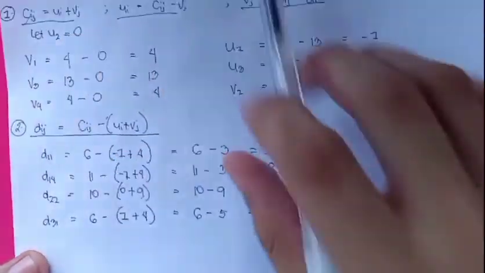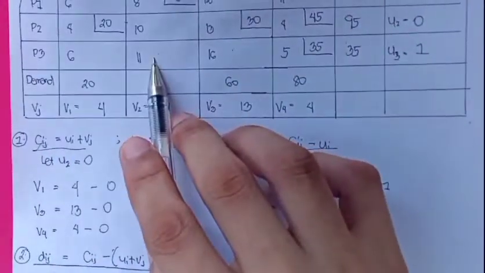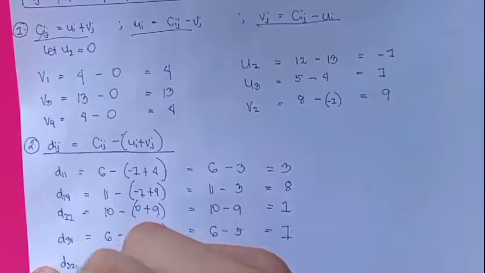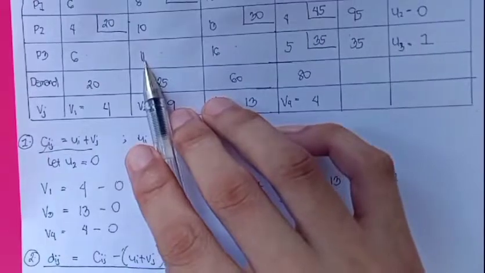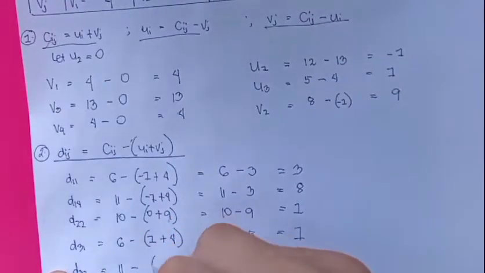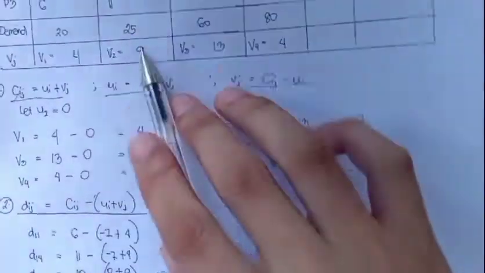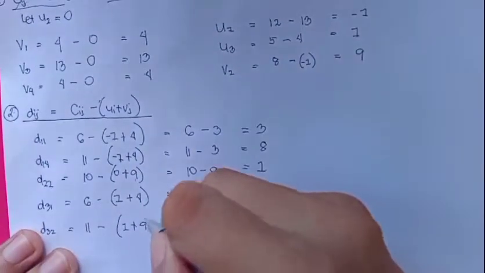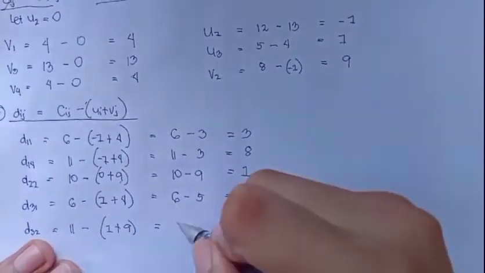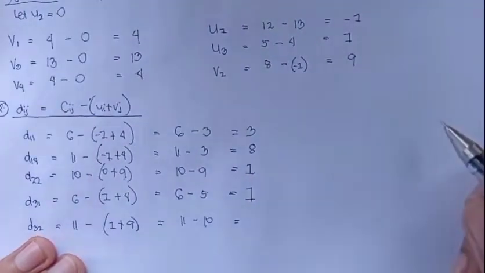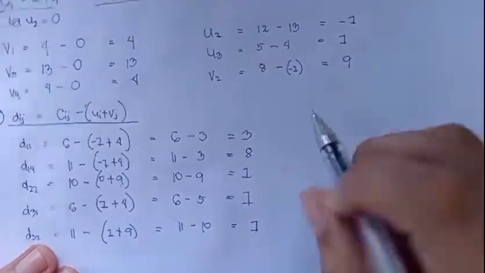Next is D32. The Cij is 11, minus the Ui is 1 plus our Vj is 9, which is equal to 11 minus 10. So 11 minus 10 is equal to 1.